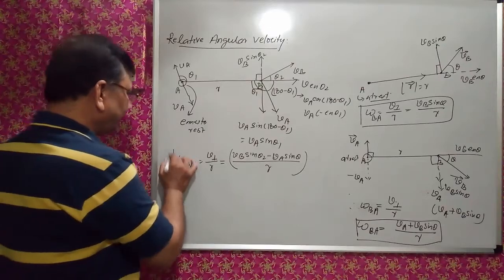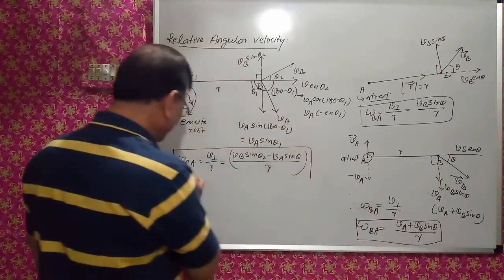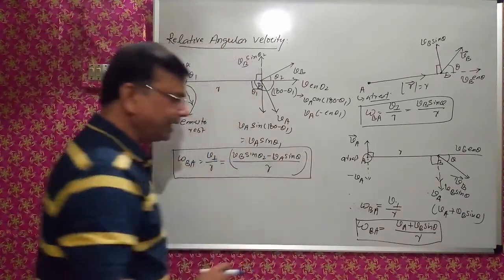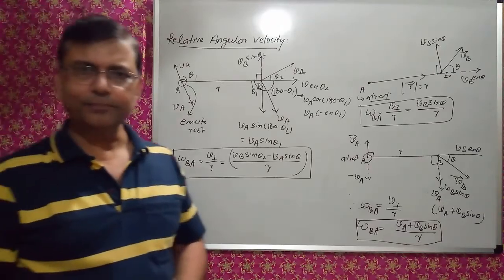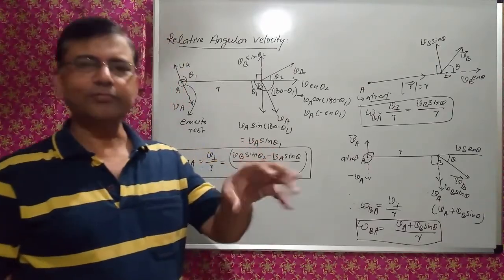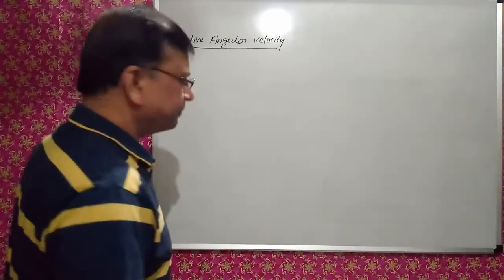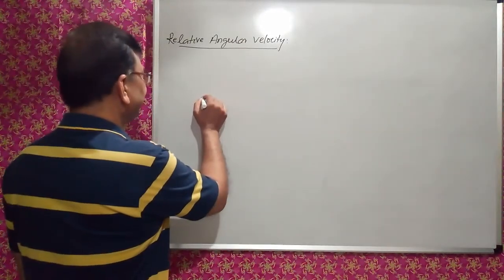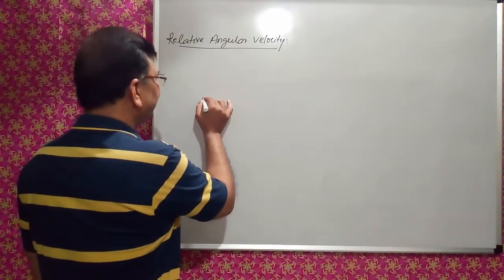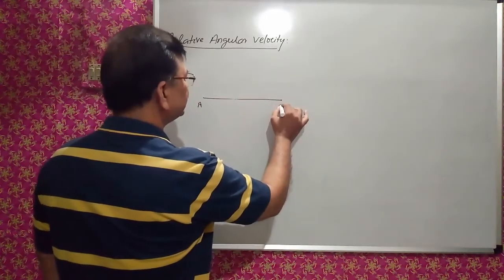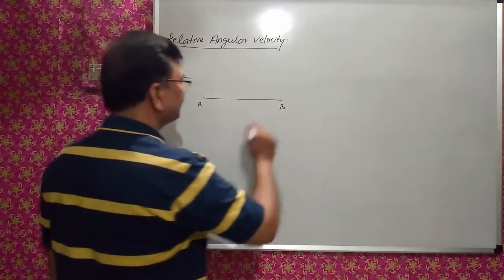So this way we have found how to find the relative angular velocity of one object with respect to the other. We can also do it in another way. This is A, this is B, right?